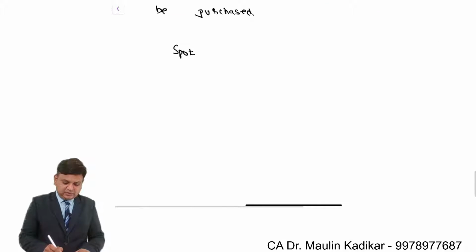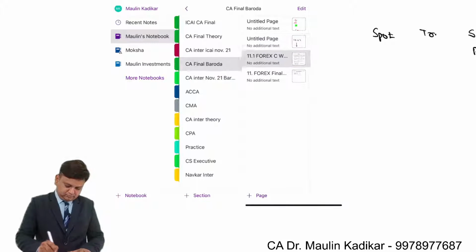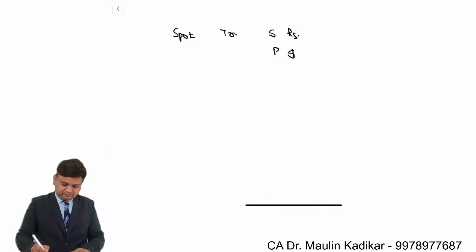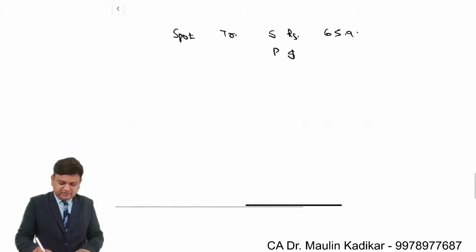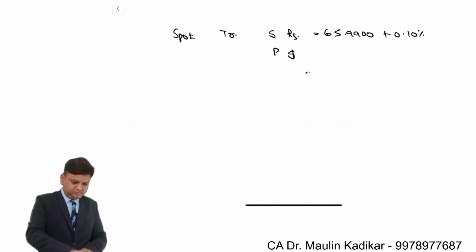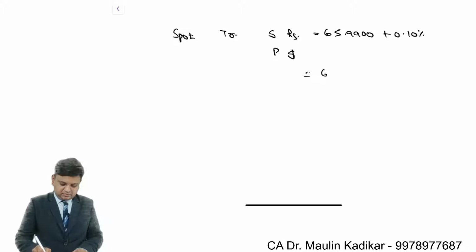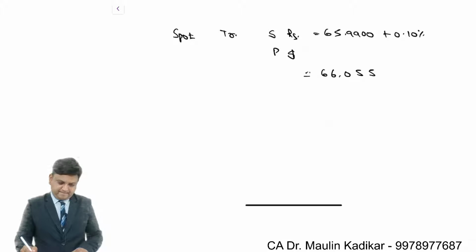So please write down: spot transaction, sell of rupees and purchase of dollar, 65.99. 65.99 plus 0.10 percent, so 66.05599.